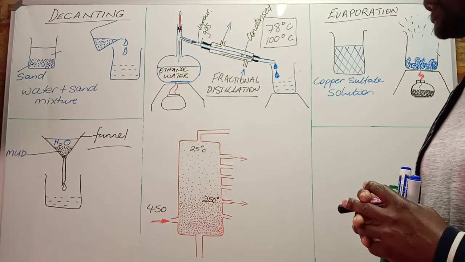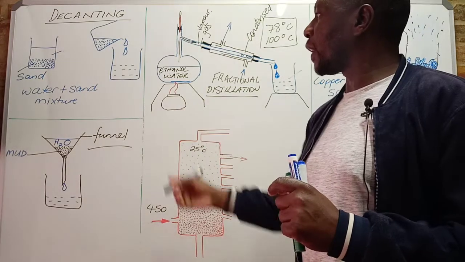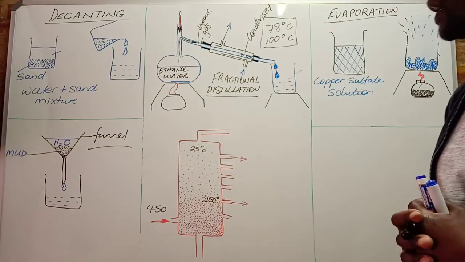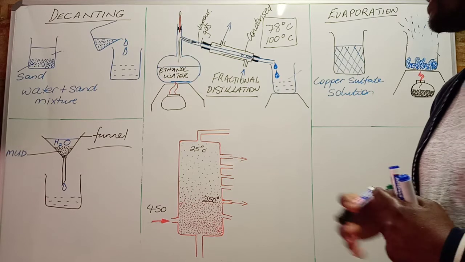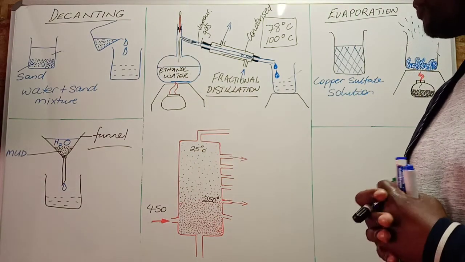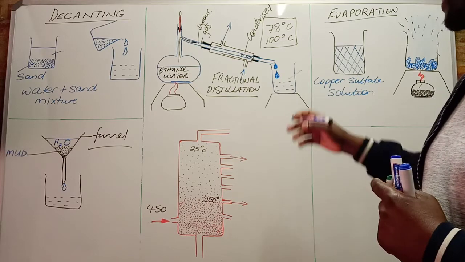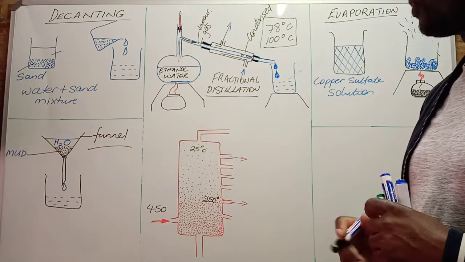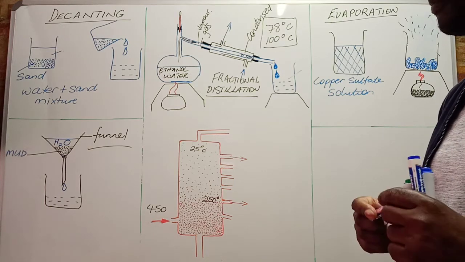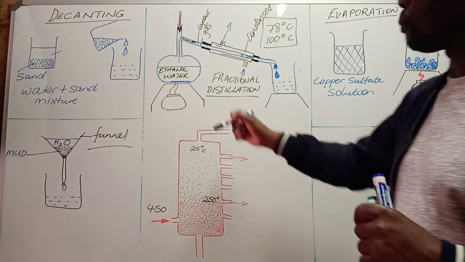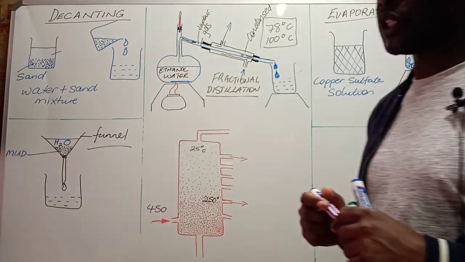So what will happen is we apply a flame to the fractional distillation apparatus. As the solution of ethanol and water absorbs the heat, when we reach 78 degrees, ethanol will change from a liquid into gas and starts to boil out of the solution.